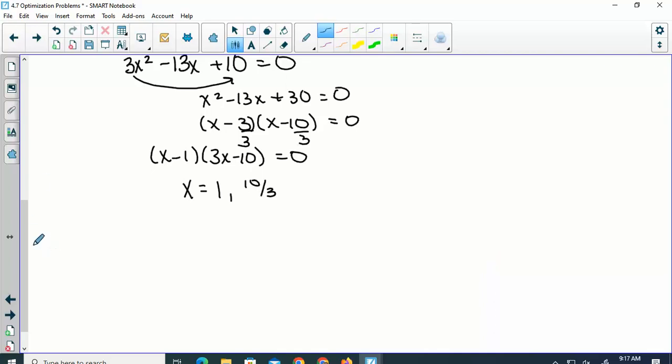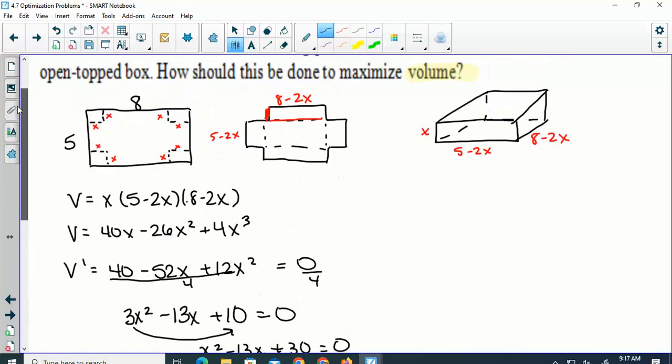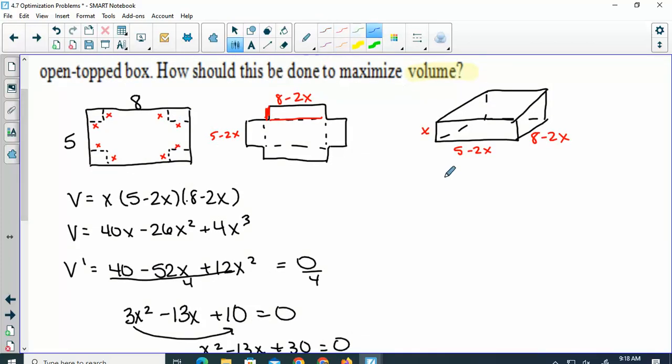Let's see. If I put in 1, if I put in 1 here, that would be 3 by 6. So that's reasonable. If I put in 10/3, 5 minus 2 times 10/3, so that would be 5 minus 20/3, so 15 minus 20/3, which is a negative 5/3.